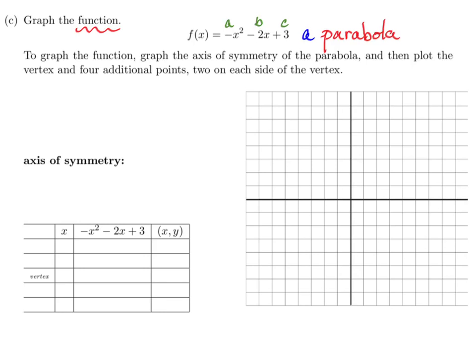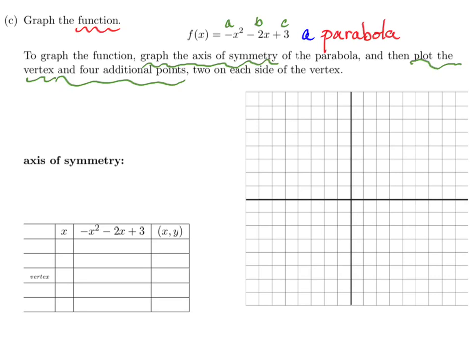So we call it a function because it's written in function notation, f of x instead of y, but the shape of the graph is exactly the same. Okay, so we're going to do the same process. We're going to get the axis of symmetry, the vertex, and 2 points on either side of the vertex.